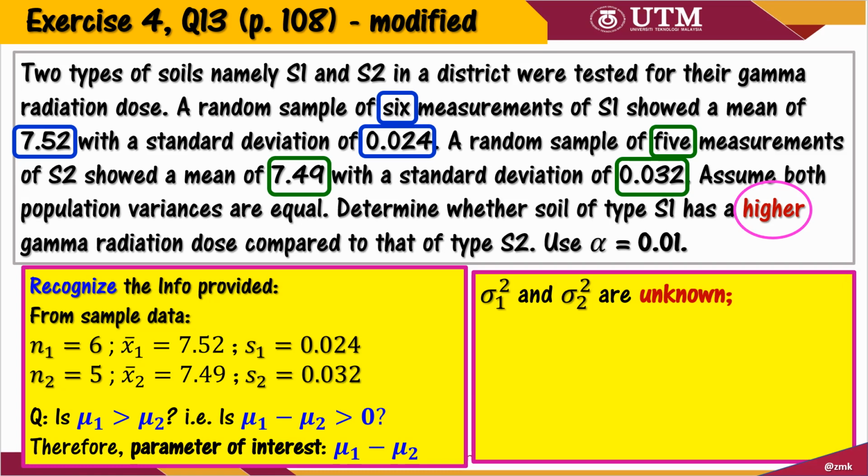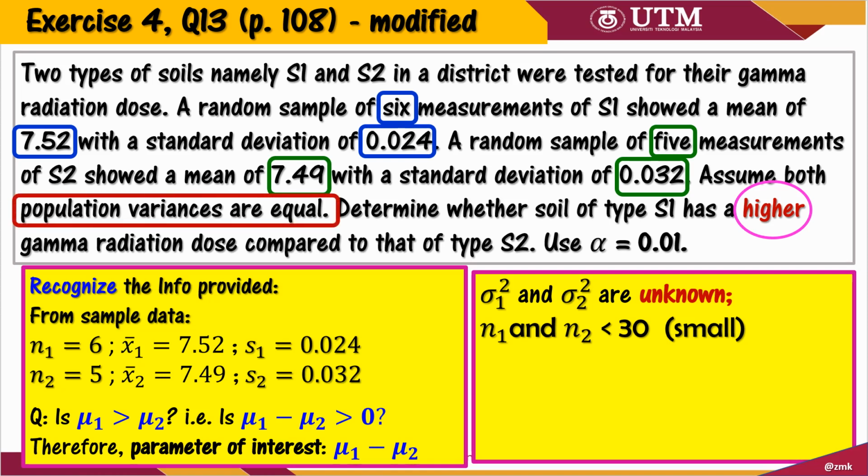Next, look at the sample sizes. We have noted earlier that n1 and n2 are both small. Furthermore, from the question again, the population variances are assumed to be equal. Therefore, we will use the pooled variance, sp squared, to estimate these two unknown and equal population variances.